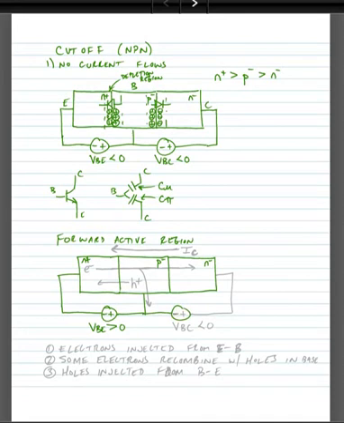And we put a voltage across our base to collector junction such that the base to collector voltage is less than 0. In other words, the collector voltage is higher than the base voltage.